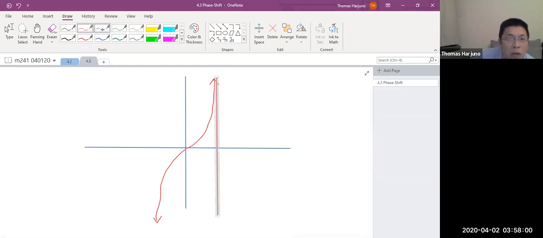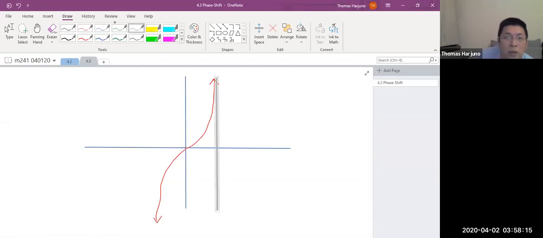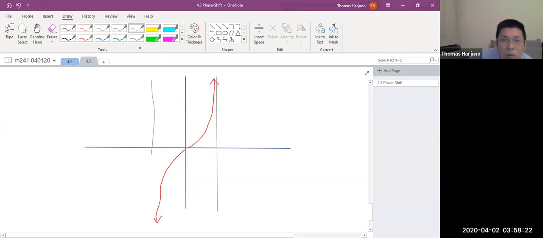No, I don't like the color. Maybe change it to this one here. It has asymptotes. What is an asymptote? It means the graph does not actually cross that line, but the graph stops there. Not really stop.